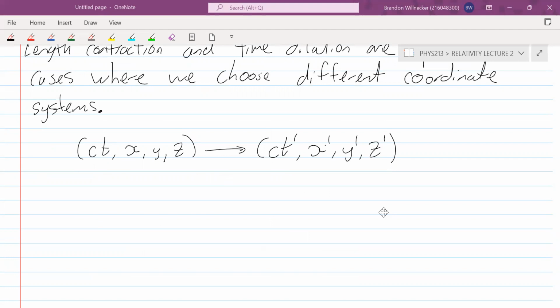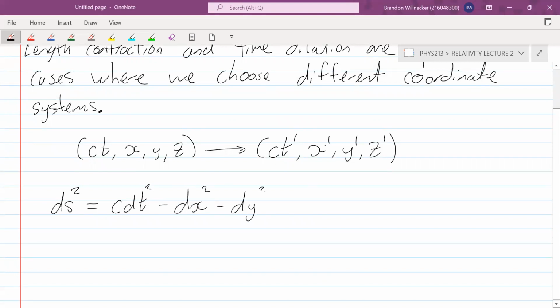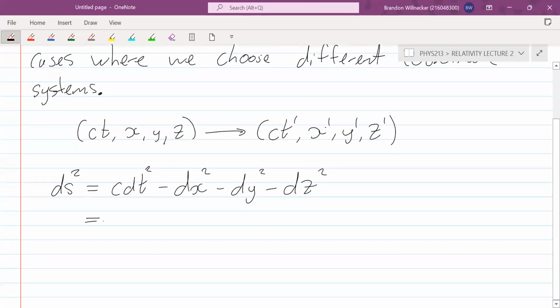Well, like I said, if you're measuring the length of a string, it doesn't matter what coordinate system you're using, the length of the string is just the length of the string. So in fact, we have ds squared is equal to c squared dt squared minus dx squared minus dy squared minus dz squared. That's just in the unprimed system.